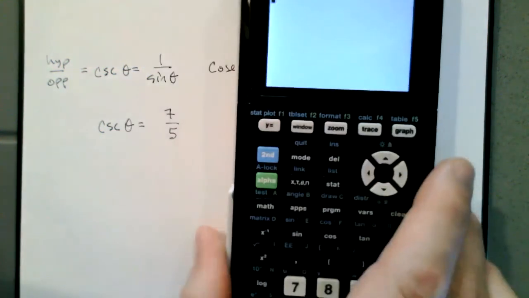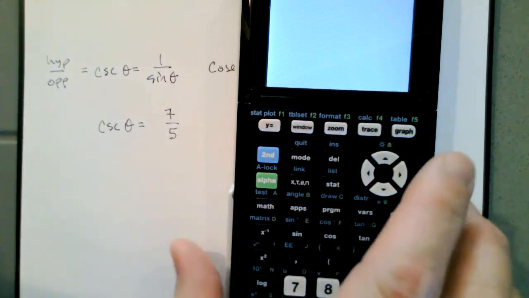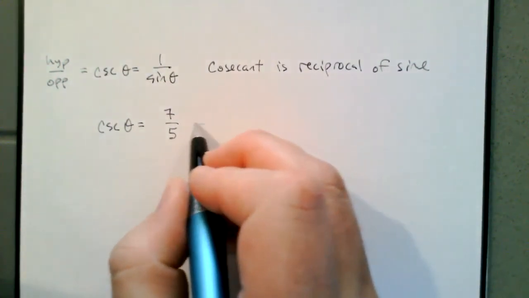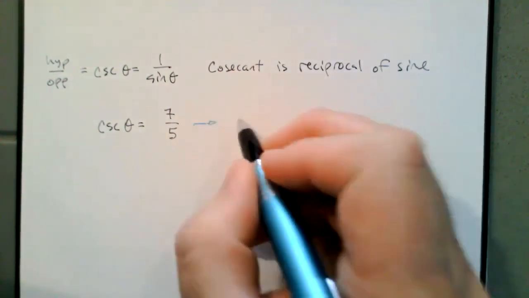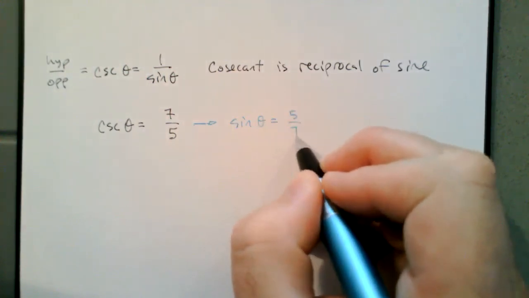So notice on your calculator, there are no cosecant buttons or secant buttons or cotangent buttons. So we have to modify things. Since there's no cosecant button on our calculator, I'm going to have to notice that if cosecant of theta is 7 over 5, then sine of theta is 5 over 7.